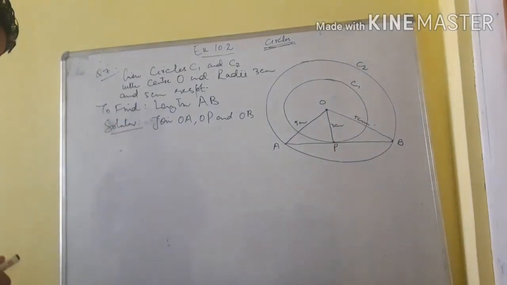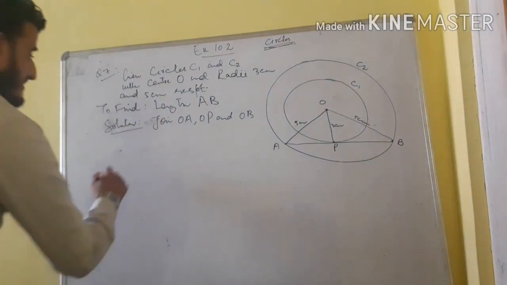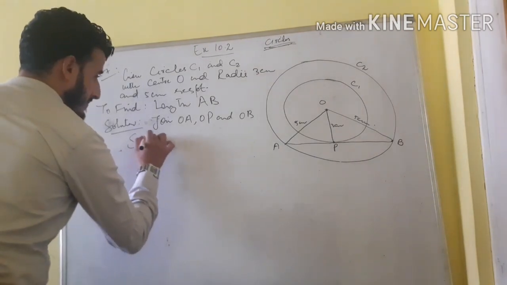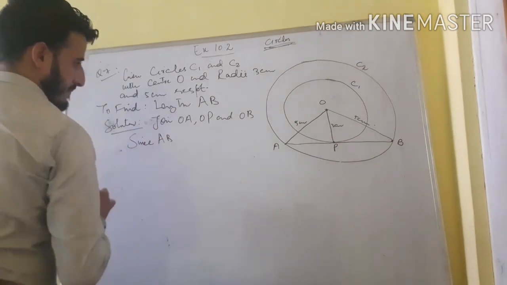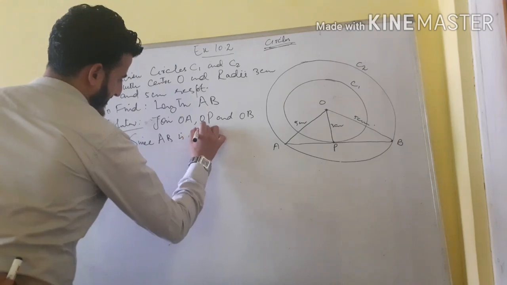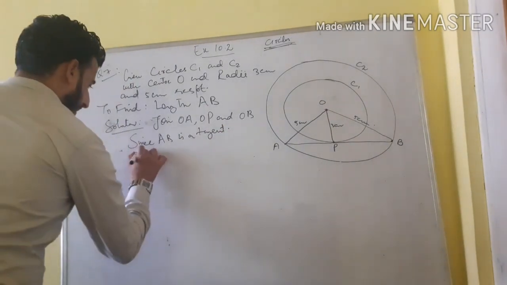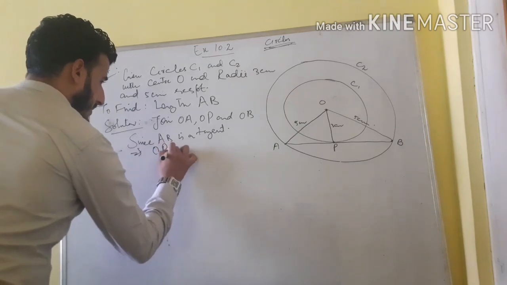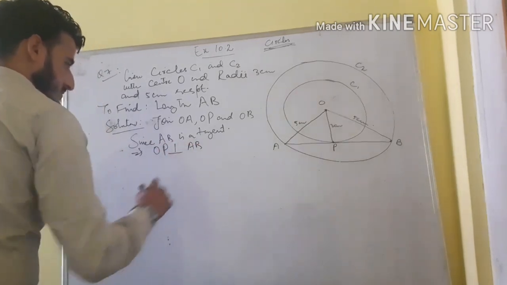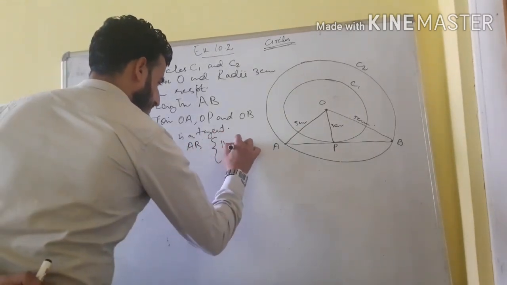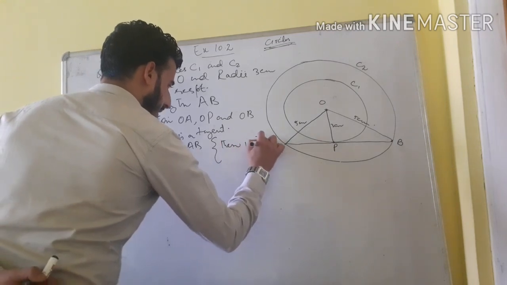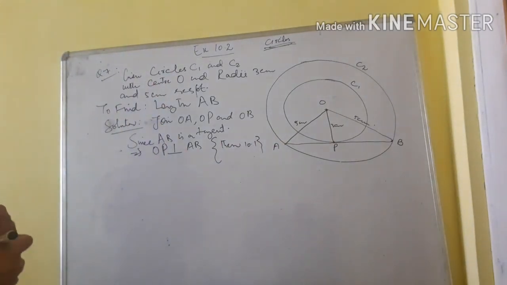Since AB is a tangent, implies OP is perpendicular to AB. I'm not going to write the statement again.